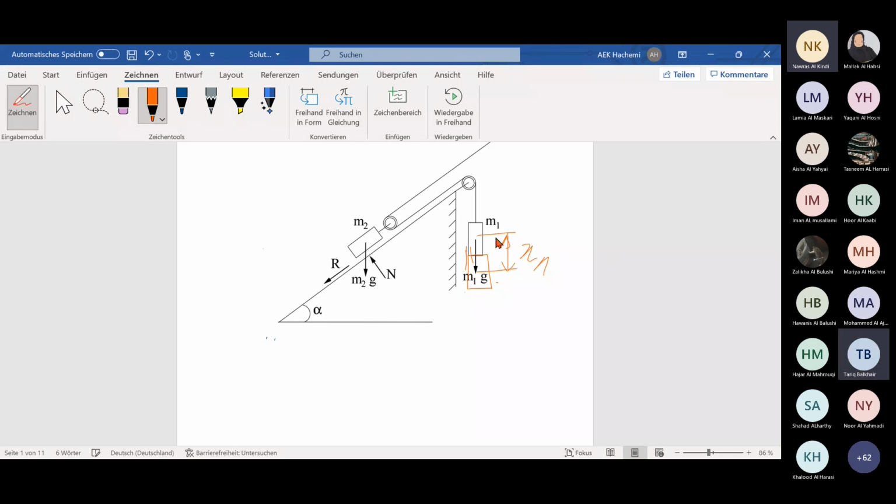When it moves, the mass 2 moves also, then it comes to this position. This distance here is the distance x2.